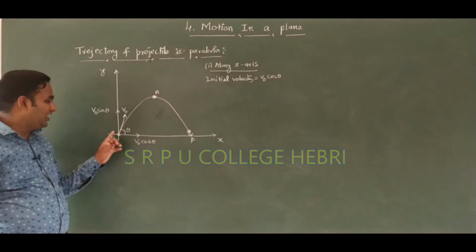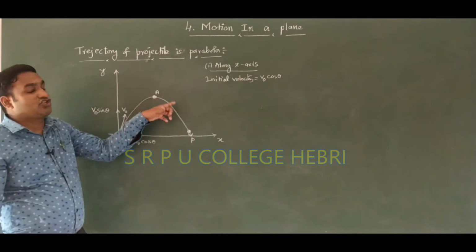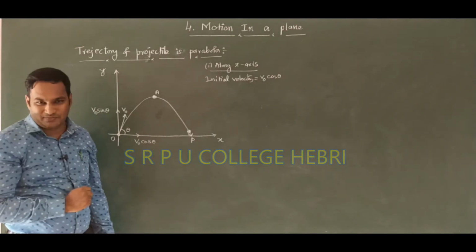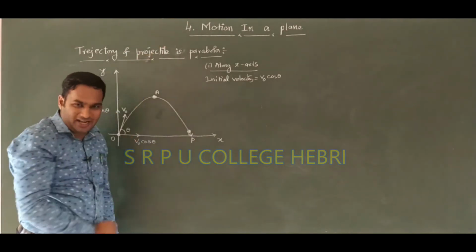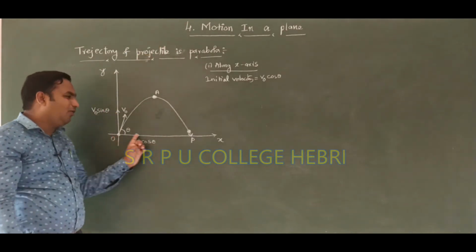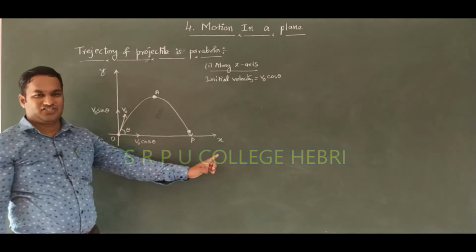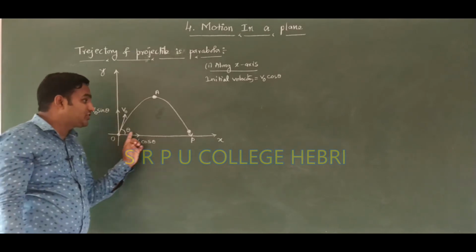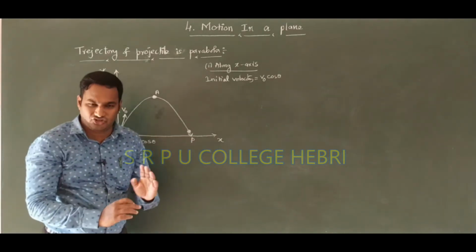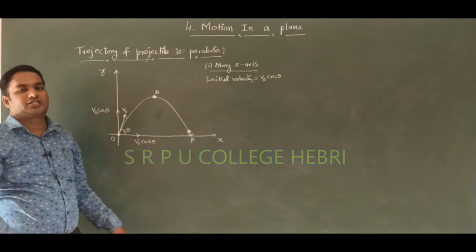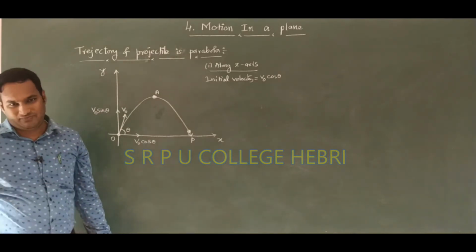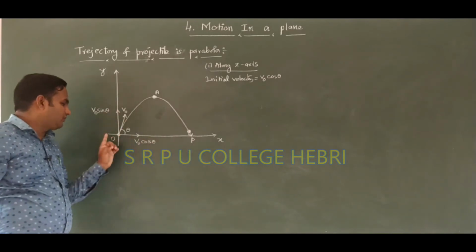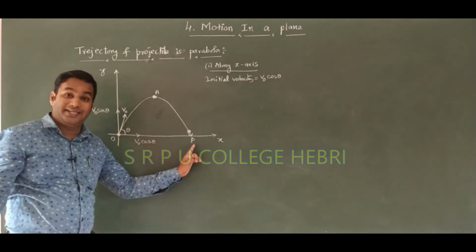Why? Because the particle is moving in which axis? Y-axis. The particle is moving in an upward direction. Here along the horizontal or x-axis, initial velocity is V naught cos theta. Throughout its journey, V naught cos theta remains as it is, from point O to P, the complete journey.